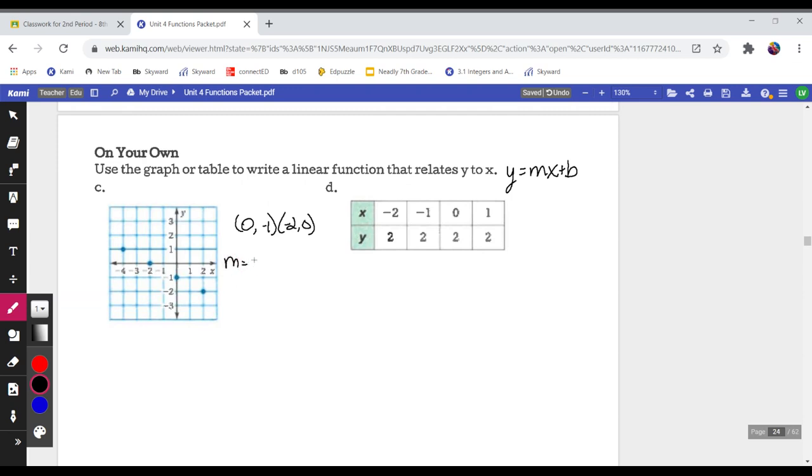So my slope is y2 minus y1 divided by x2 minus x1. So that's 0 minus negative 1 divided by negative 2 minus 0. In the numerator, add the opposite. I have 1 divided by negative 2. So my slope is negative 1/2.